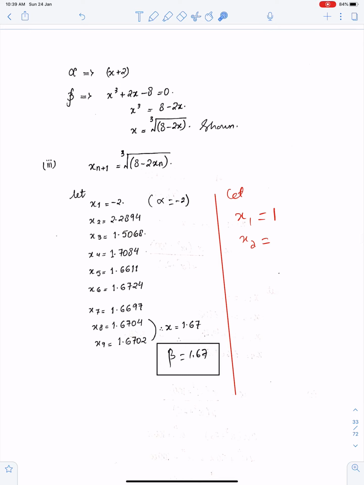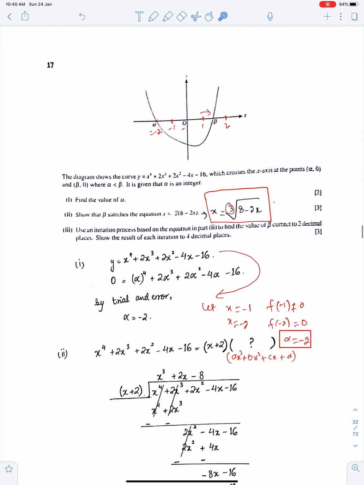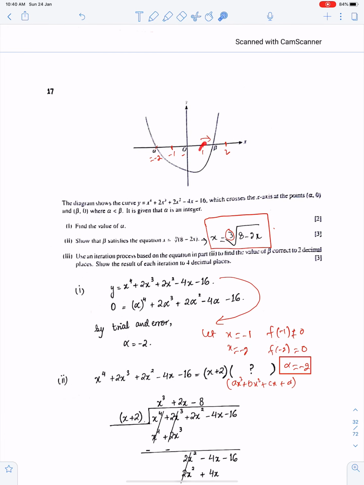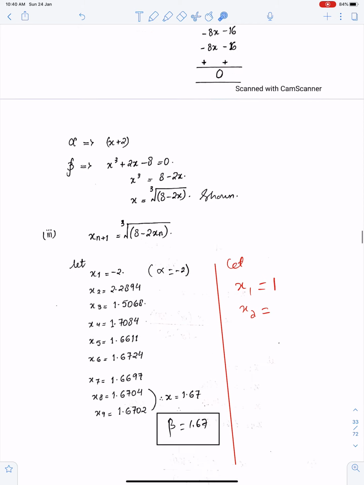So by using x1 as -2, we have the value of beta as 1.67. You can use x1 as 1, because beta is close. Beta is between 1 and 2. So you should use x1 as 1 or 2 instead of using -2 here.